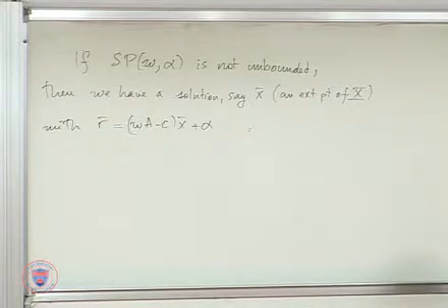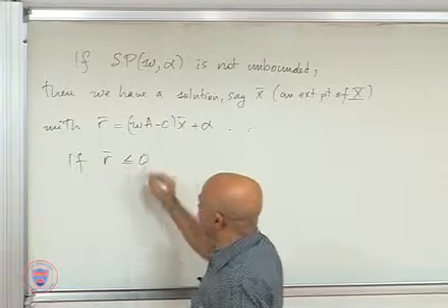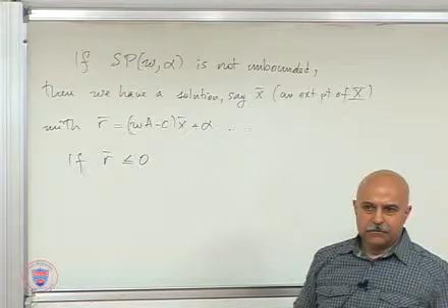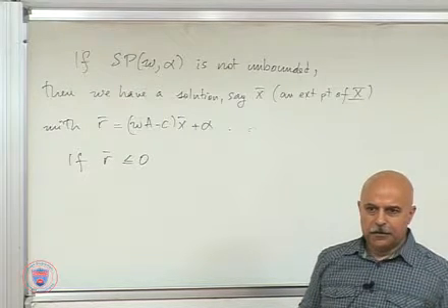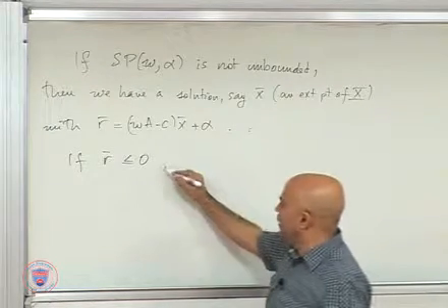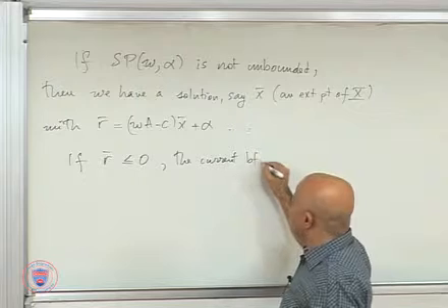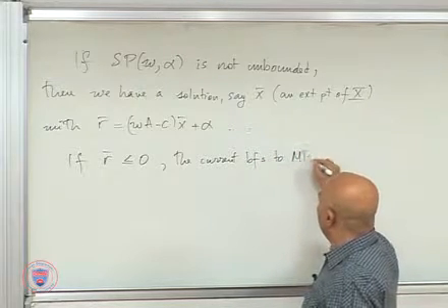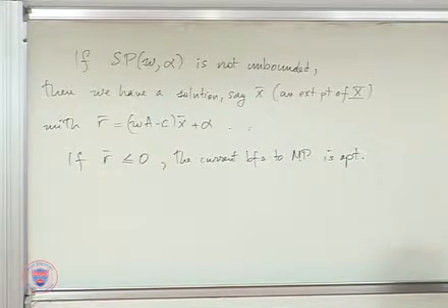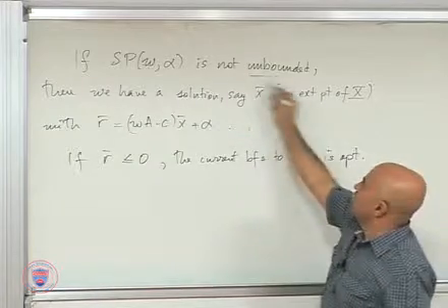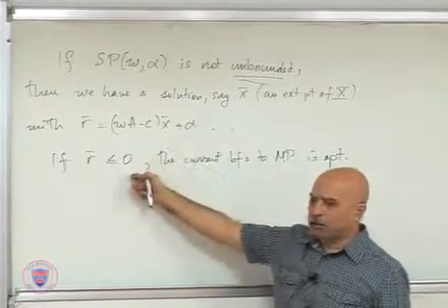That's the solution. If r bar is less than or equal to 0, then lambdas as well as mu's don't price out favorably, so nothing enters, which means you're done. The current basic feasible solution to the master problem is optimal. There's no mu which prices out favorably because it's not unbounded. The best reduced cost is also less than or equal to 0.